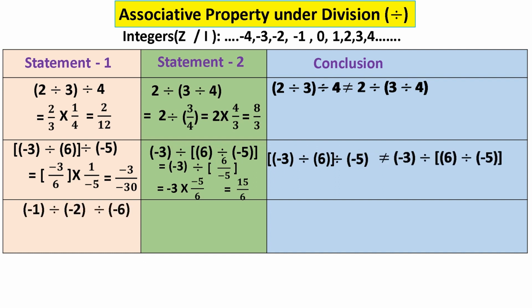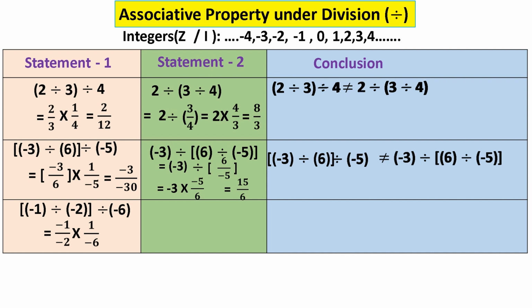And next, in the third example, we take another three integers: minus 1 divided by minus 2 divided by minus 6. We do the first two integers first: minus 1 by minus 2, divided by minus 6.